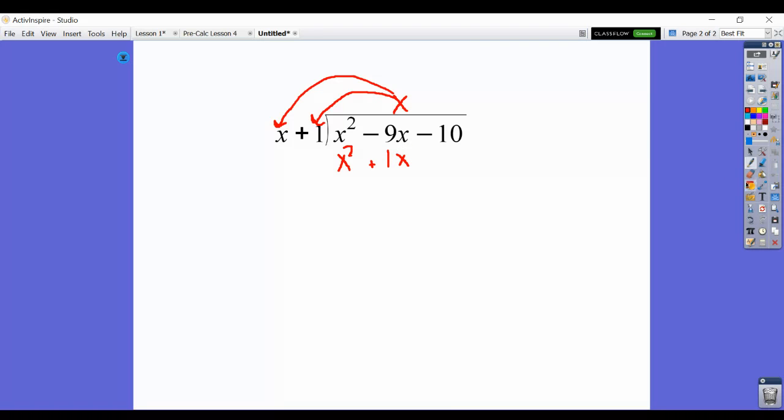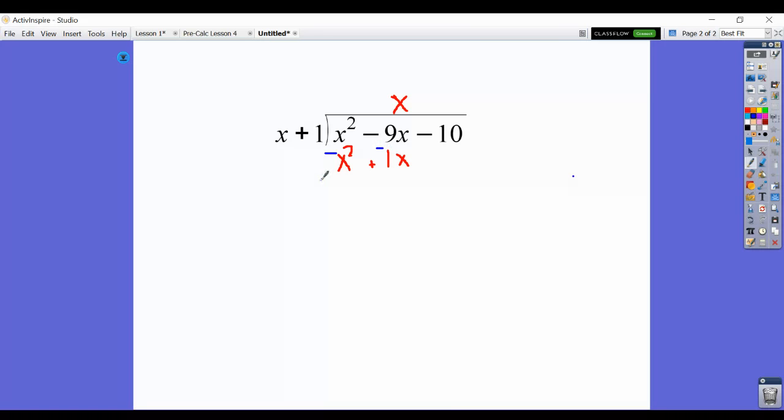So then from here, I'm going to subtract. Okay.